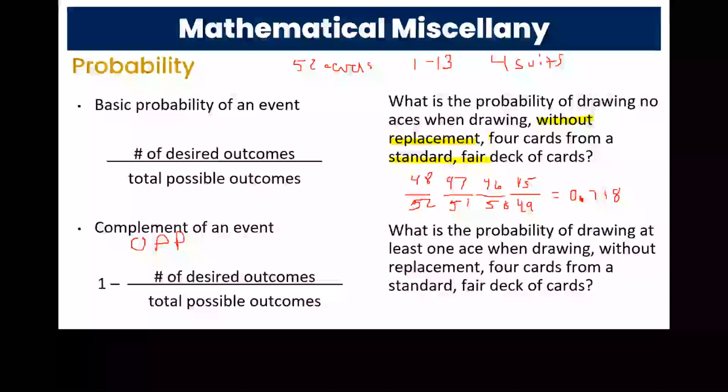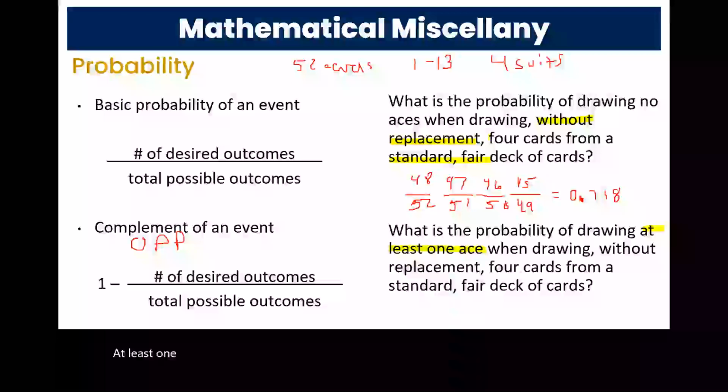What's the complement of drawing no aces? And the reason I'm asking this, it's a little tricky. At least one ace.